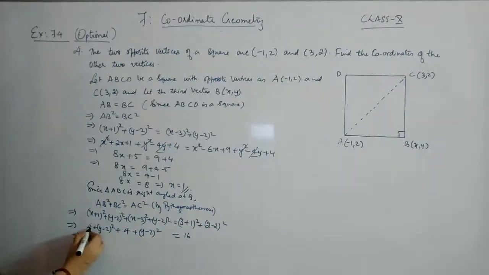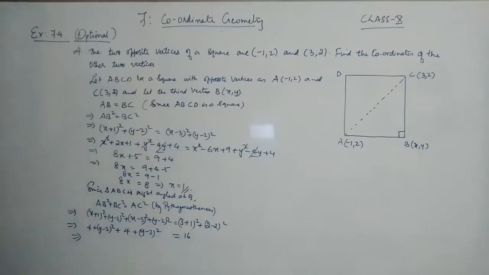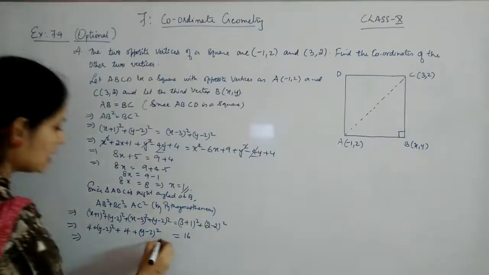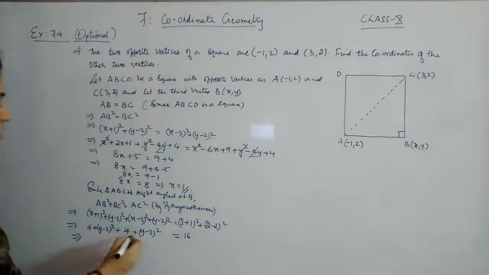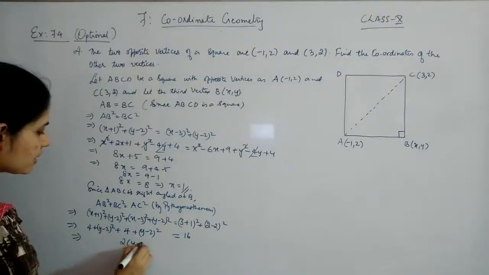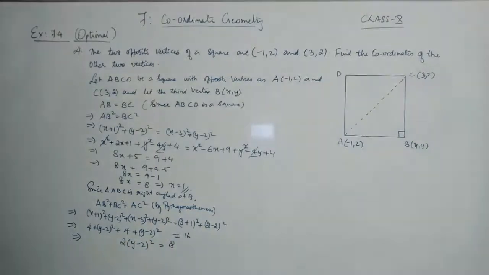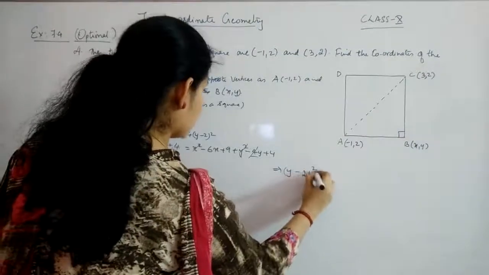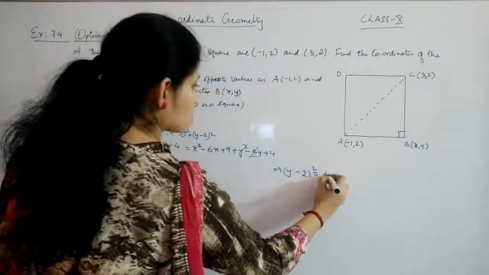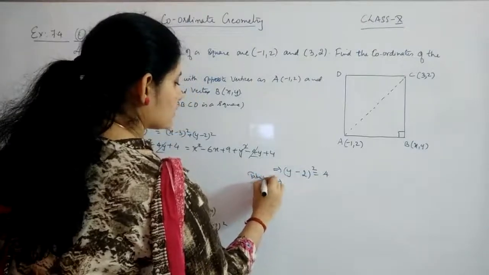That is, you are getting 4 plus 4 is 8. It will go there as minus 8. So 16 minus 8 will give you again 8. So these two terms, y minus 2 the whole square and y minus 2 the whole square, will give you 2 times y minus 2 the whole square, which is equal to 8. Okay, that means y minus 2 the whole square is 8 by 2, which is 4, or taking square root on both sides.